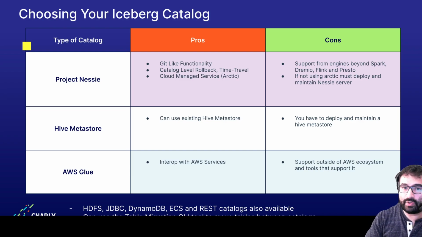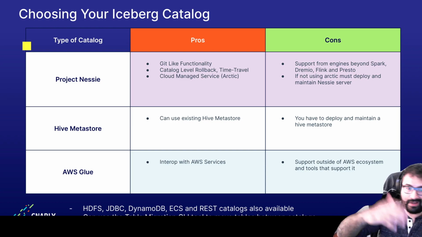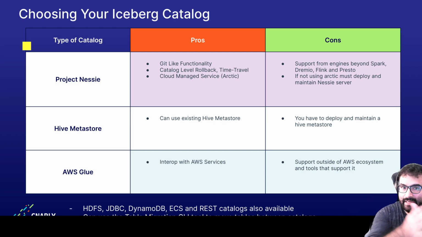Okay, another issue that comes up when it comes to your catalog is table migration. What happens is you might start off with Hive Metastore, but then later on you decide you want to adopt Project Nessie. But now all your tables are in the Hive catalog. Well, recently there was a release of a table migration CLI tool that makes this really easy.